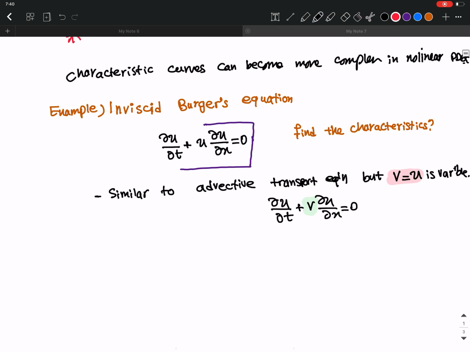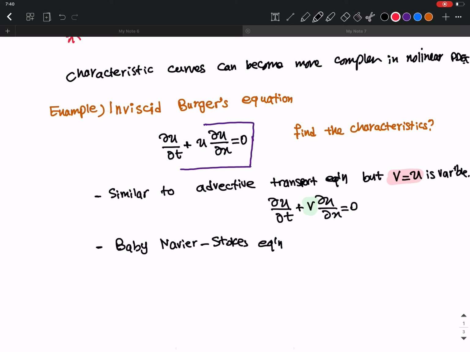The second point is that this equation is kind of called a baby Navier-Stokes equation. People who know what is Navier-Stokes equation, it's the momentum equation for fluids.